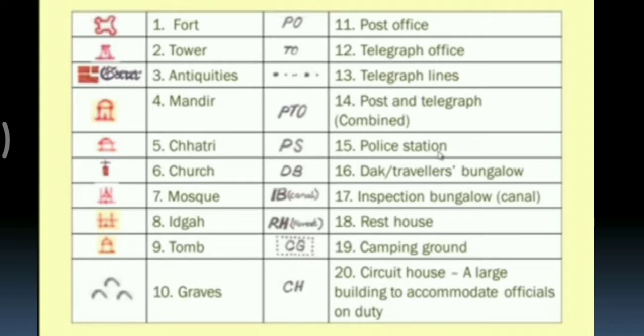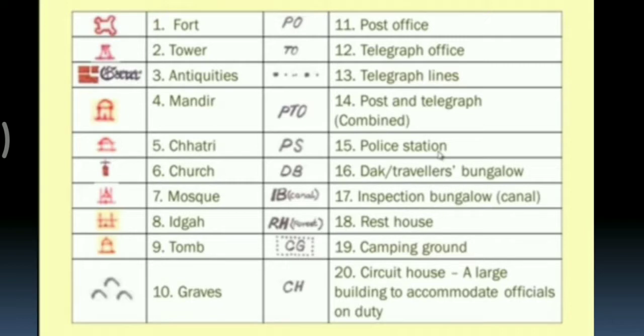PS for police station, DB for dak bungalow, IB for inspection bungalow, RH for rest house, CG for camping ground, and CH for circuit house.